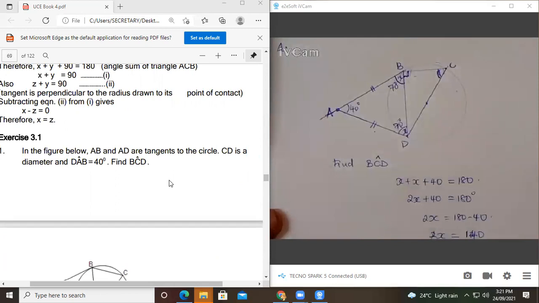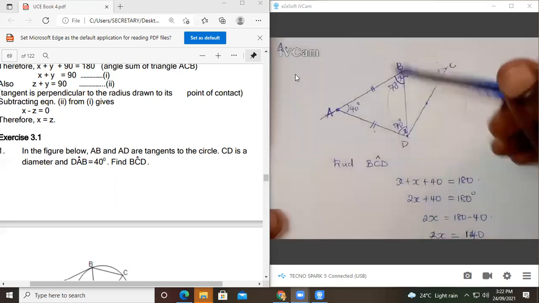We add. Yes, proceed. What do you add? Plus 70 plus 40. 70 plus 40.